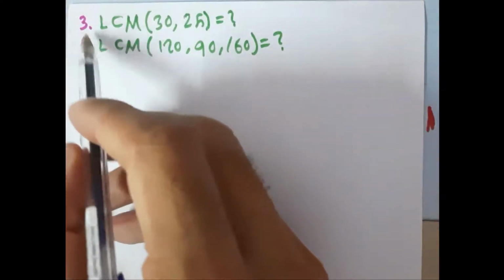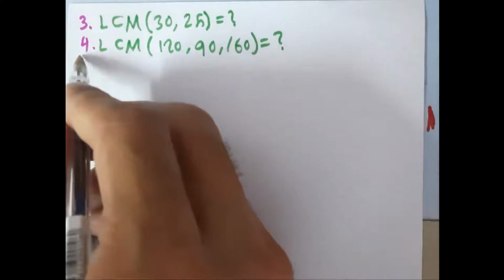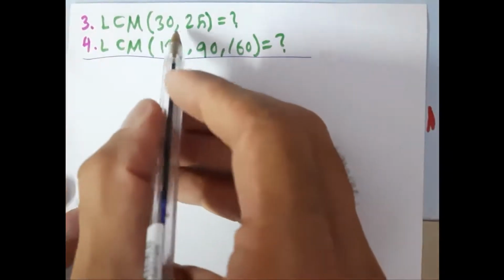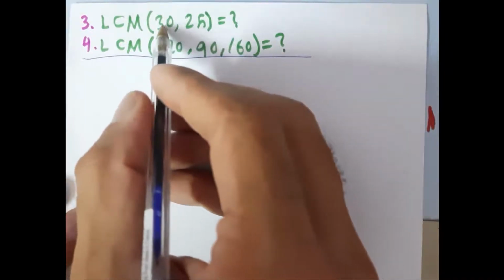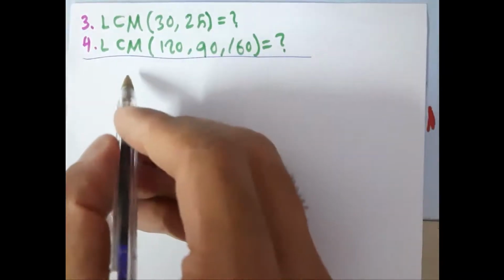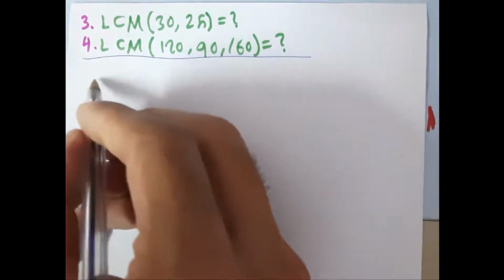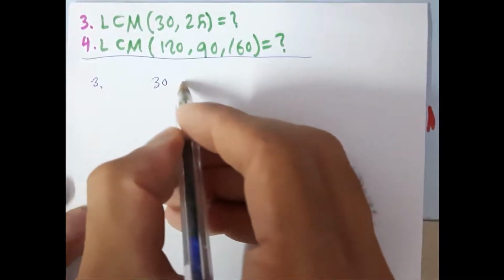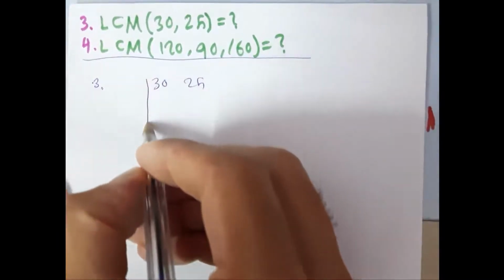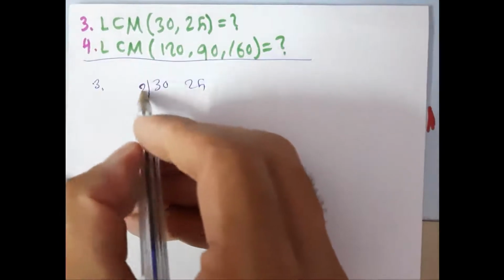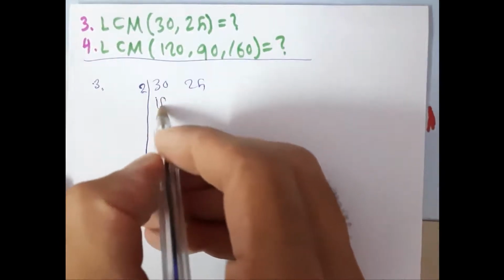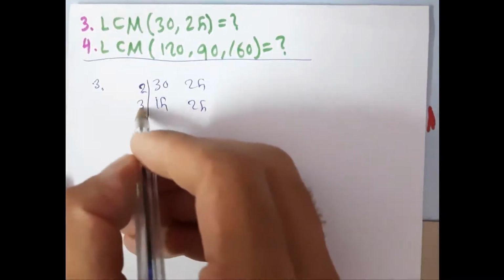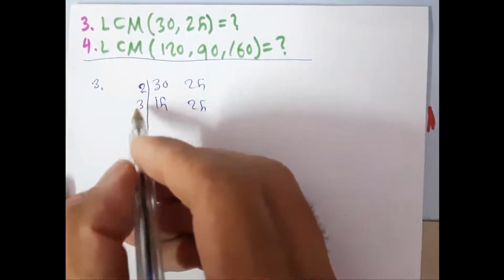These are questions 3 and 4. We want to solve this question by another method. At the same time, we want to decompose 30 and 25. Number 3, we write 30 and 25. 30 divisible by 2, 30 divided by 2, 15. 25 we take down. 15 is divisible by 3.